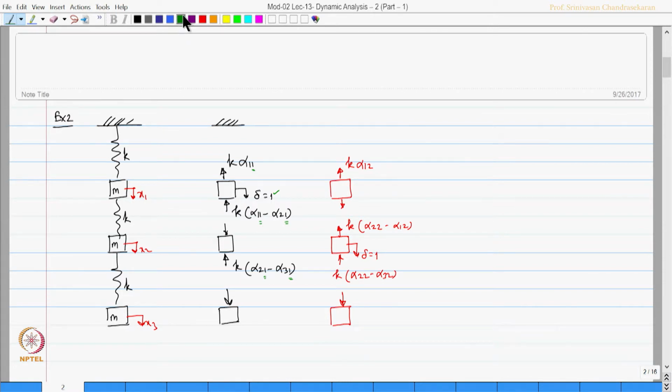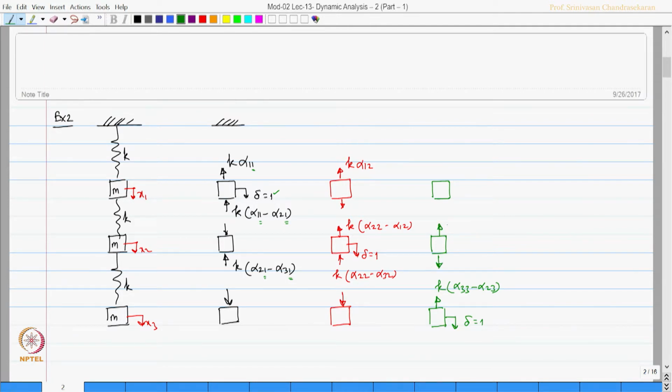Similarly, we can do it for the third degree. Let delta be unity. So, this will be k times alpha 3 3 minus 2 3, this is opposite.